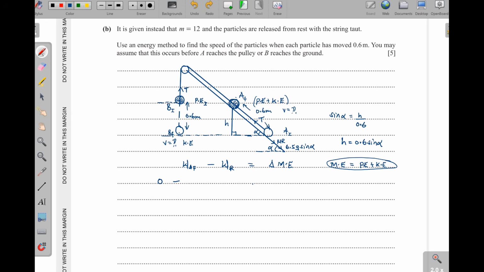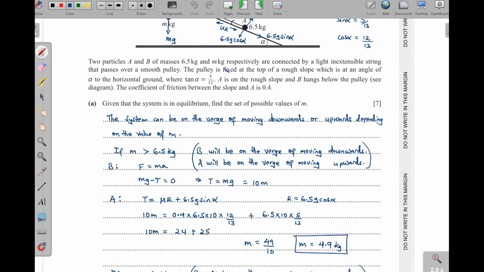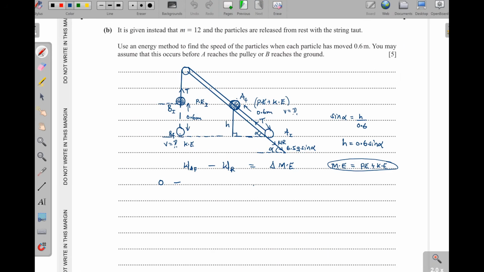And mu R, from here, when we check backwards, our mu R is this one here, which actually gave us the 24. So I'm just going to write 24, then times the 0.6, okay? Then this one is equal to change in mechanical energy.